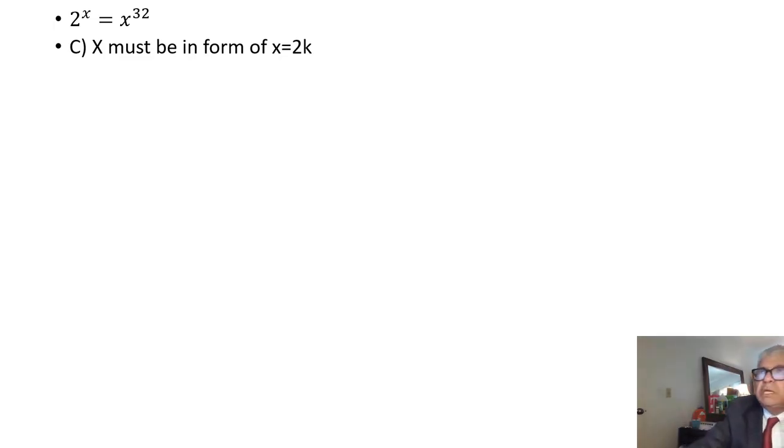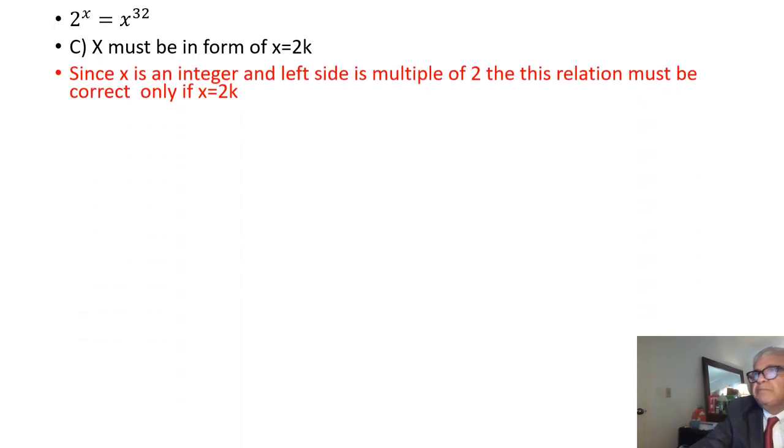So the right side must also be an even number, it cannot be an odd number. 2 to the power of any positive integer gives us an even number. It can't be an odd number. So that means x must be an even number, and it must be in the form of 2k.